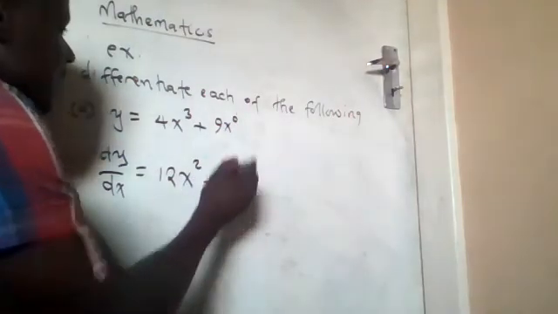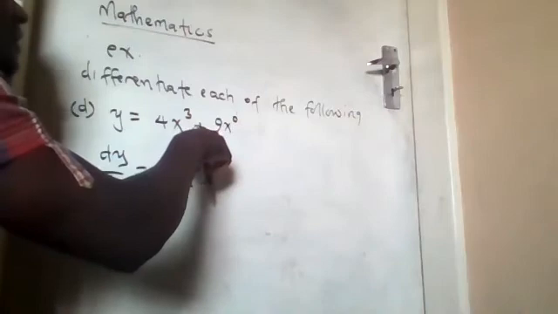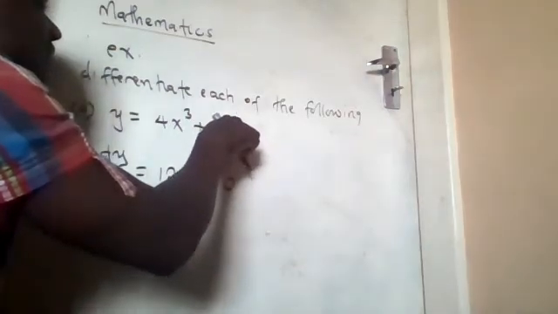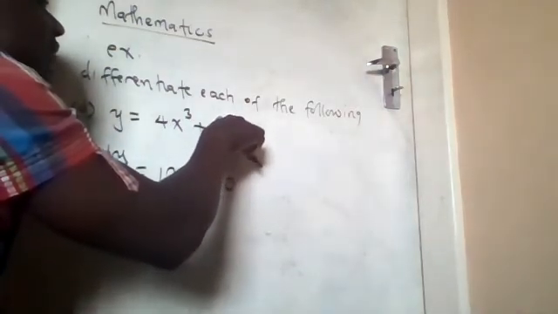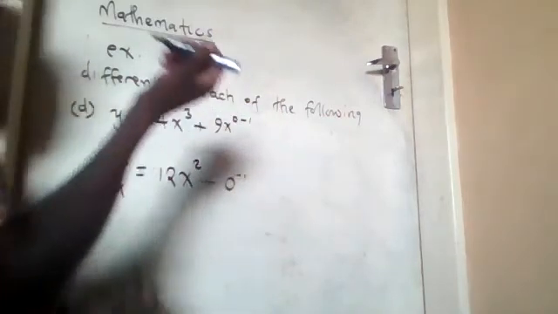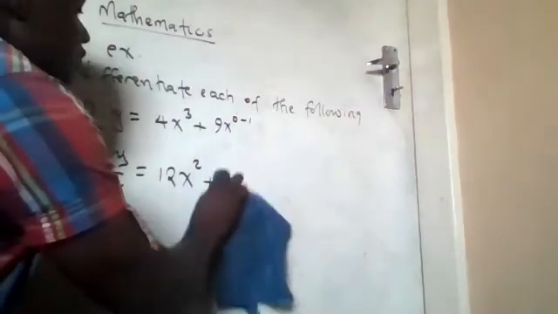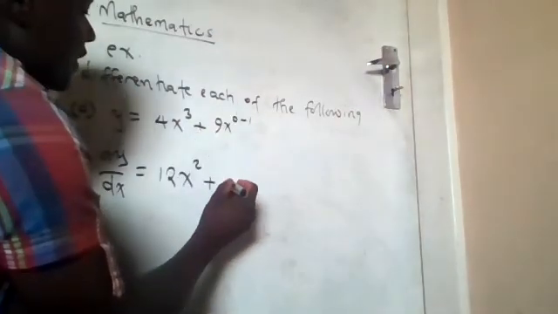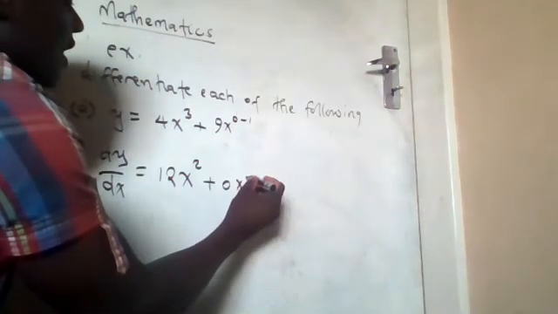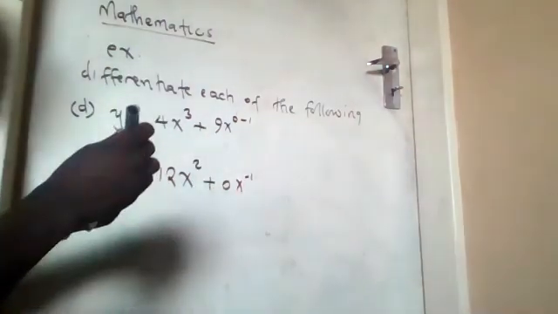Plus. Now 0 times 9, so the coefficient and the power. So 9 times 0 is going to give us 0. Then when you subtract a 1 from a 0, so you say minus 1, we are going to have the power which is negative 1. But when you multiply 0 and whatever the number is, you still get 0.